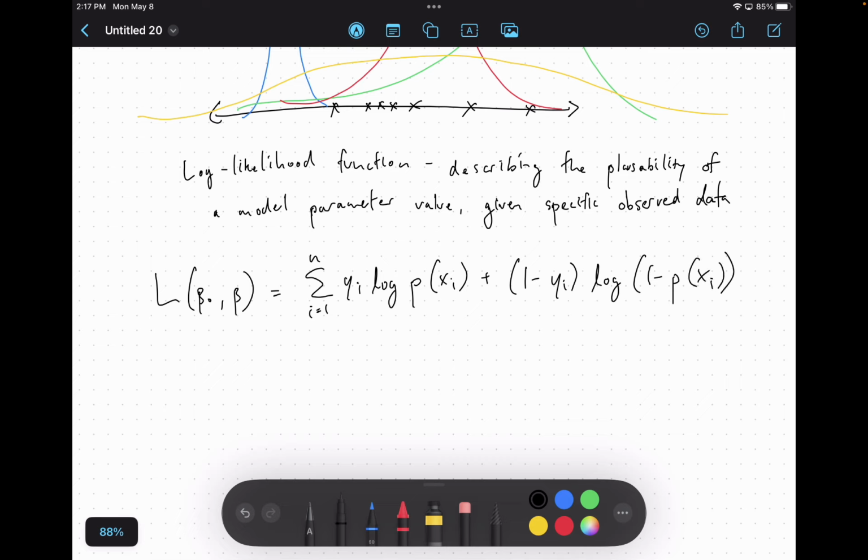And if you remember, the probability is that portion of the logistic that looks something like this. Negative log of 1 plus e to the beta naught plus beta x i.